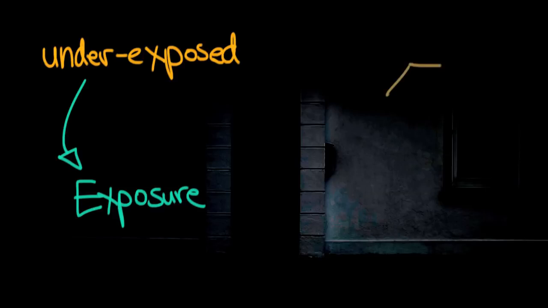Exposure is a way of measuring how well you have done getting the right amount of light onto your film. So imagine over here we've got a piece of film or a digital sensor, just a light sensitive something. I always seem to use the little brown squigglies for that.